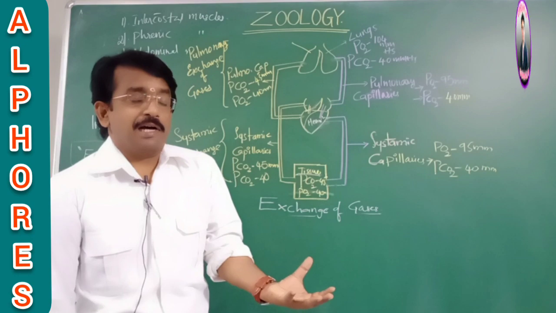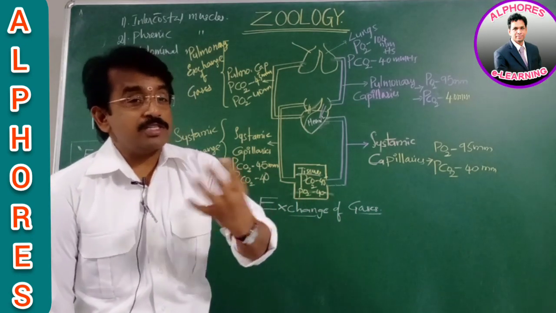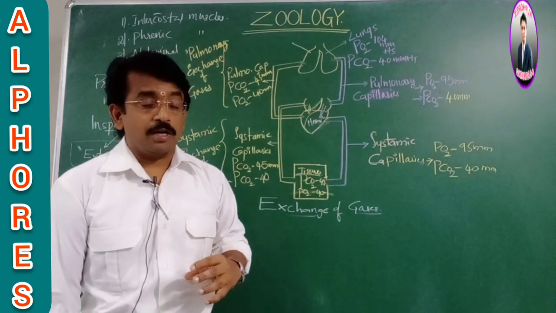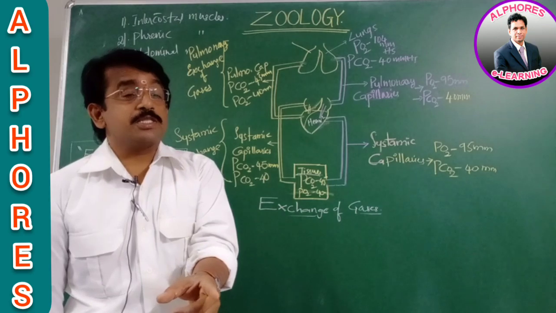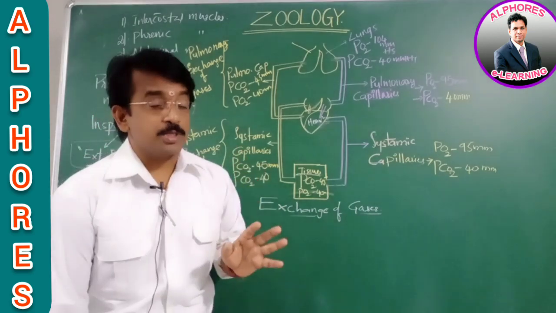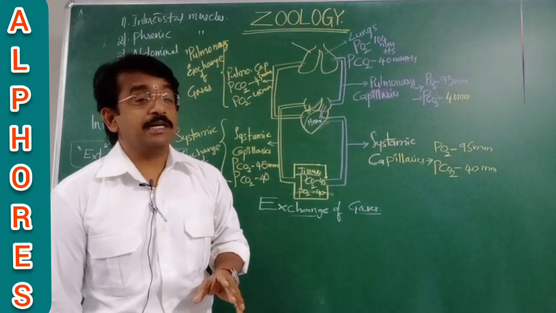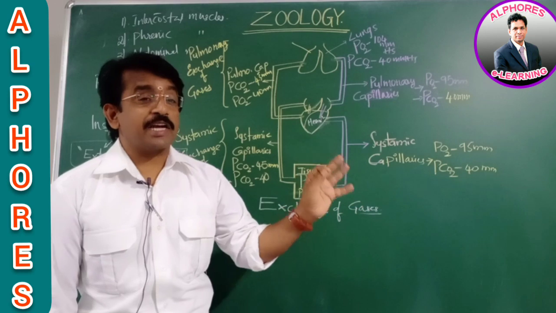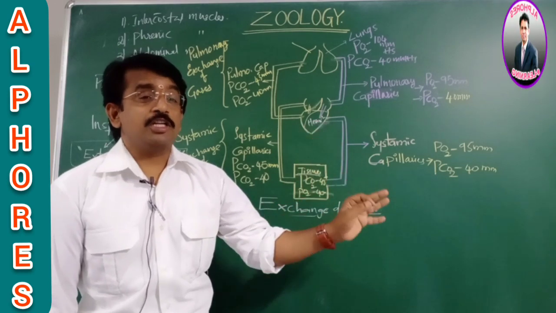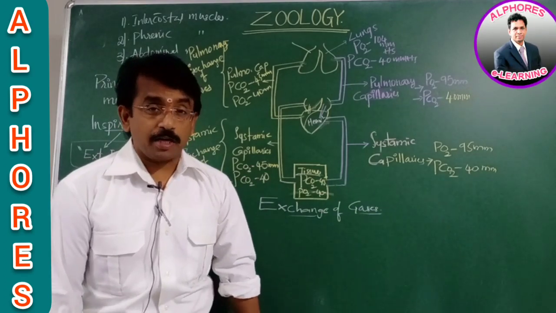Expiration is a dash: normal expiration is a passive process, whereas forcible expiration is an active process. Forcible expiration is active as the internal intercostal muscles contract as well as the abdominal muscles.